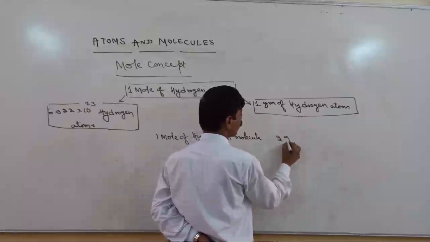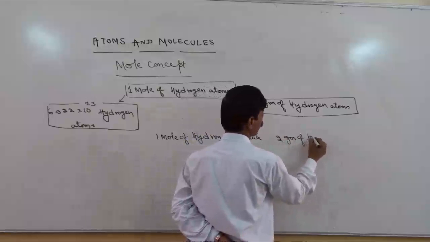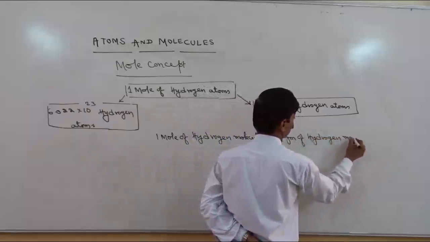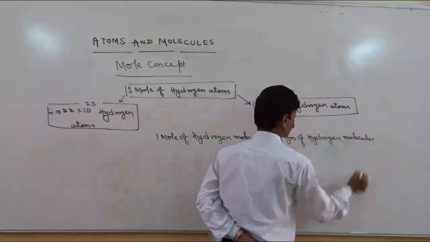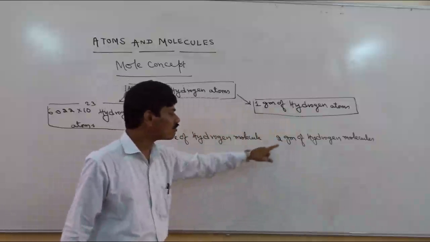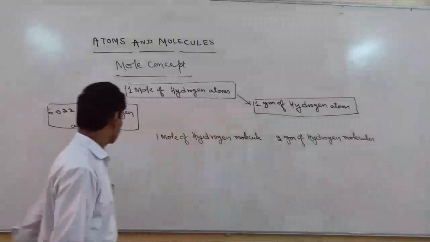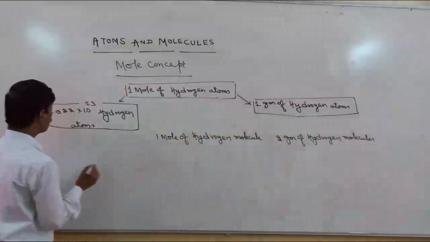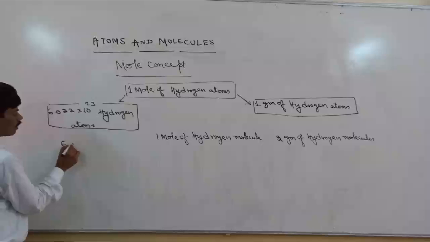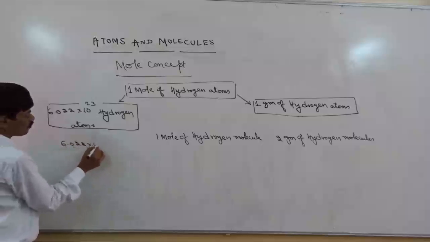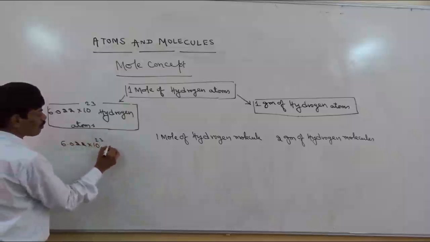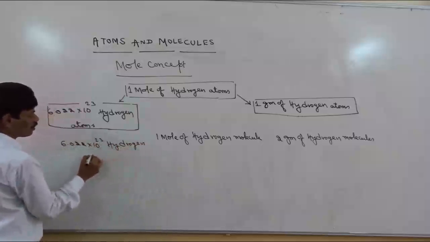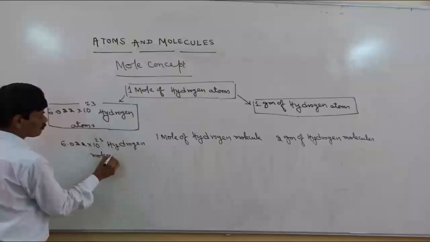So 2 grams of hydrogen molecules. This is the molar mass of H2. Next, 1 mole of hydrogen molecules contains 6.022 × 10^23 hydrogen molecules.